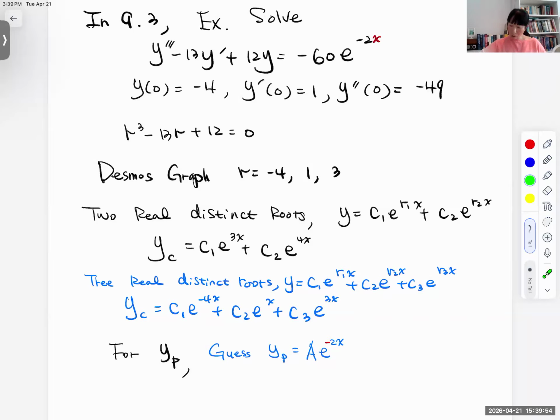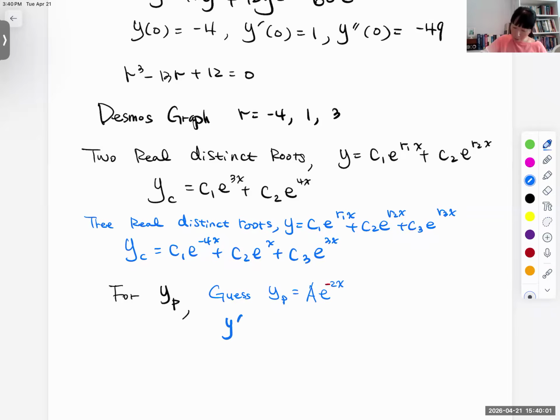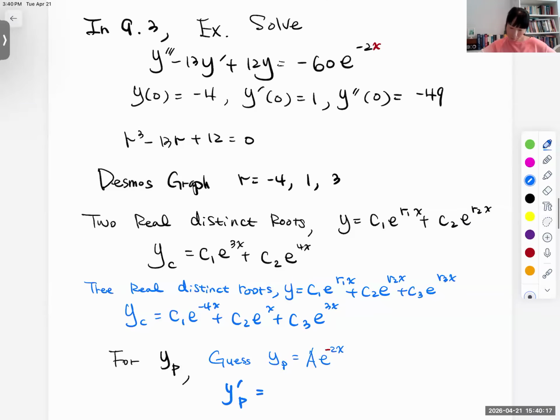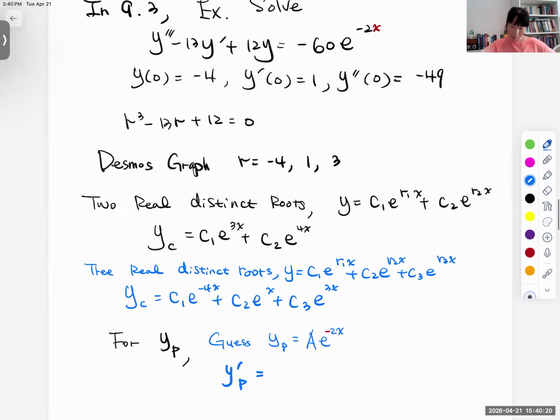So we have the particular solution of that, y particular equals a e to the negative 2x. So y prime of the particular solution is negative 2a e to the negative 2x.